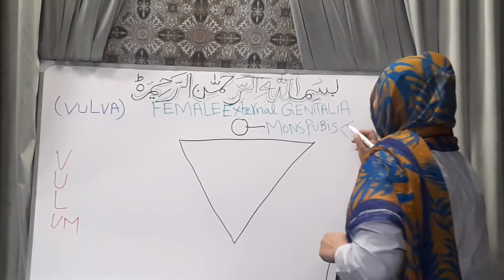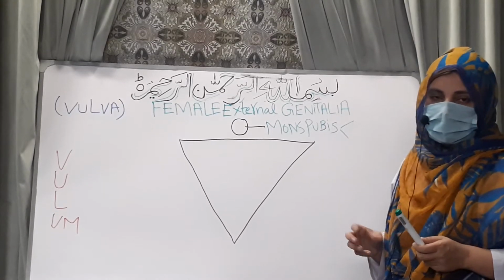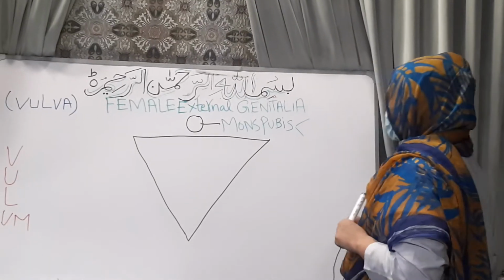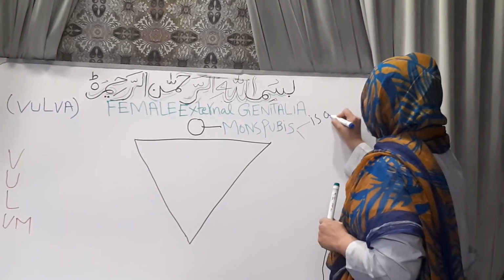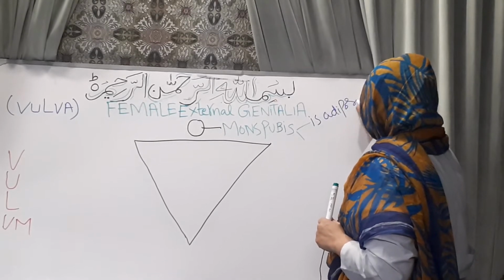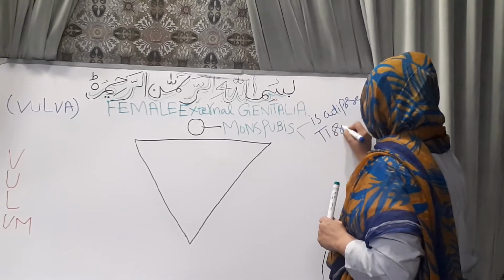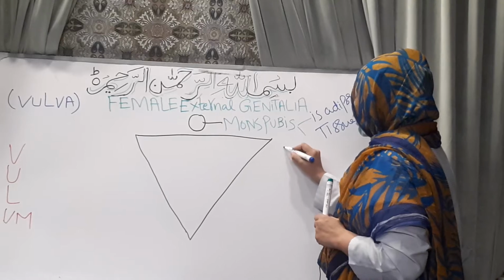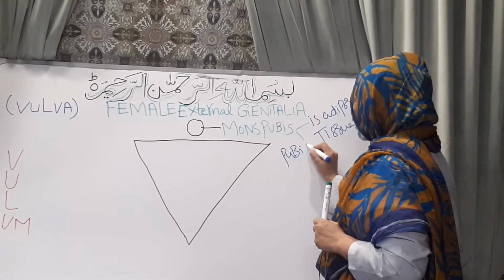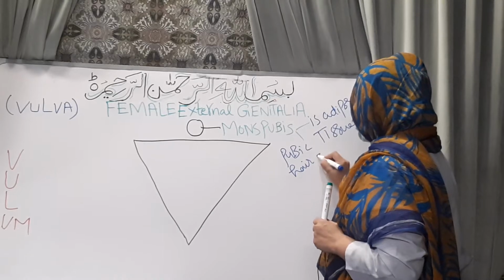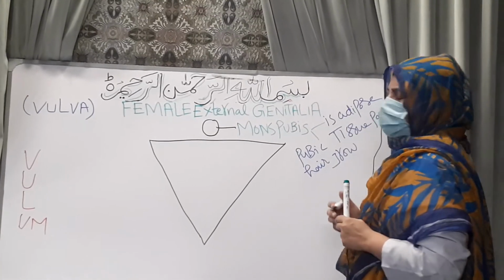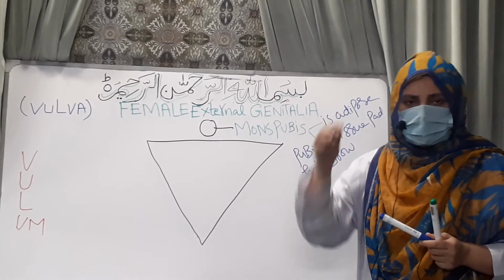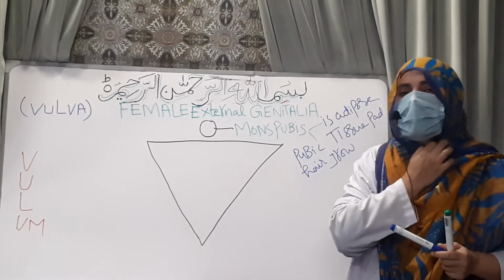Mons pubis is a subcutaneous pad of adipose tissue, and in this region pubic hair grows.